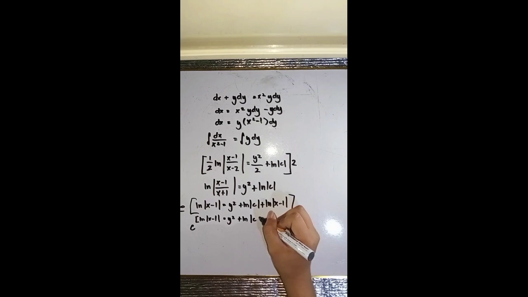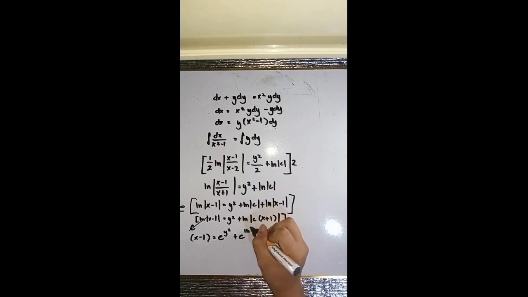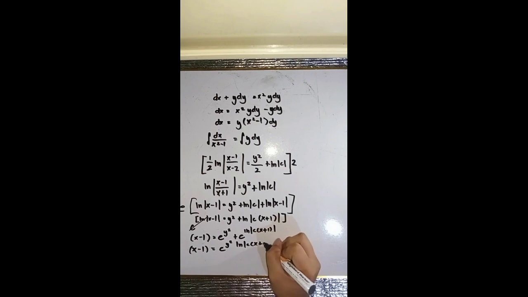Now this is our desired process, so we cancel out the e and the ln, which will result in (x minus 1) over (x plus 1) equals e raised to y squared times e raised to ln c, which is just combined through the exponential process.